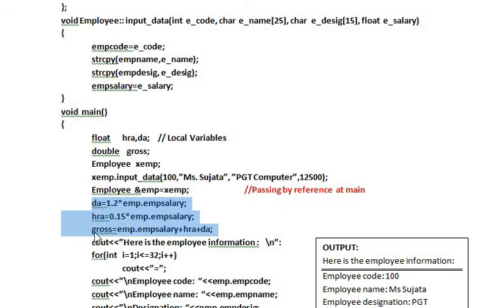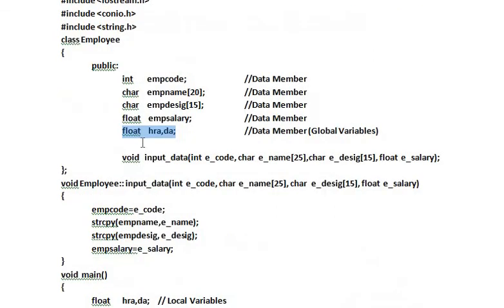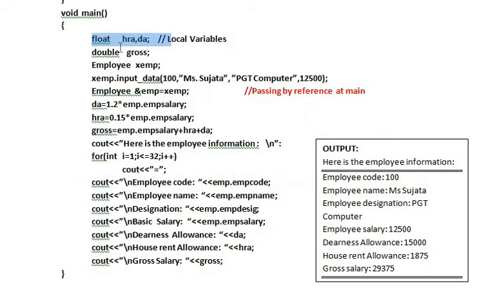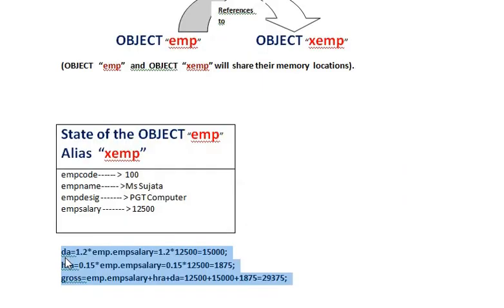And since I'm not preceding these variables with the scope resolution operator, I'm not pointing at the global variables. Instead, I'm only pointing at these local variables. And once I compute DA, HRA and gross with the help of this formula, I get the value of DA as 50,000, HRA as 1875 and gross as 29,375.